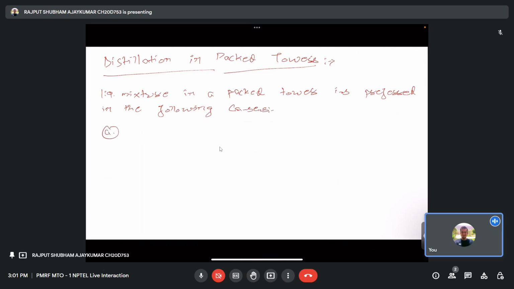The first one is vacuum or low pressure operation.